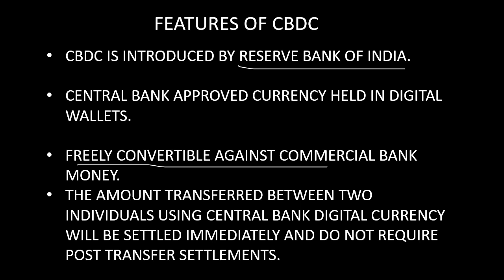And it is interbank settlement which takes place in case of UPI. But in case of central bank digital currency, the amount transferred between two individuals will be settled immediately and it does not require any post-transfer settlements like in case of UPI.